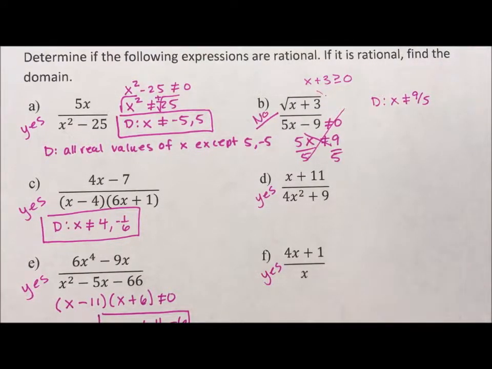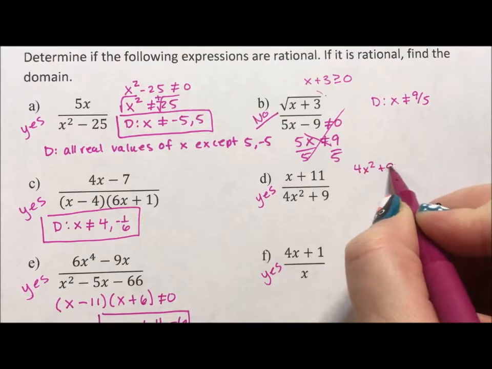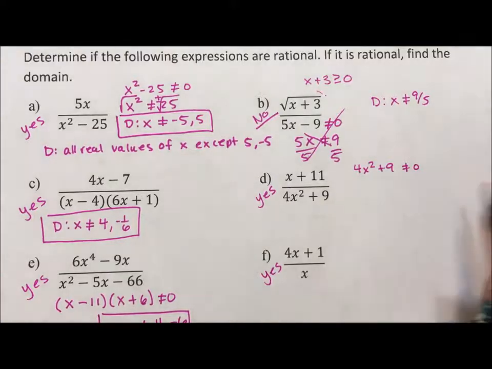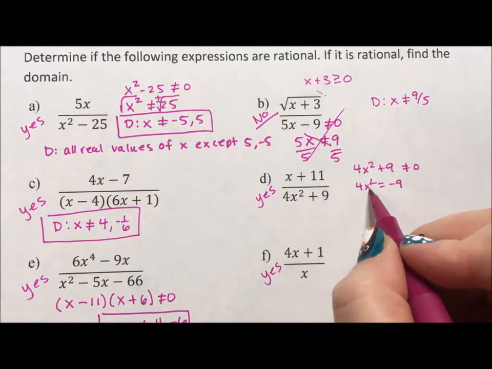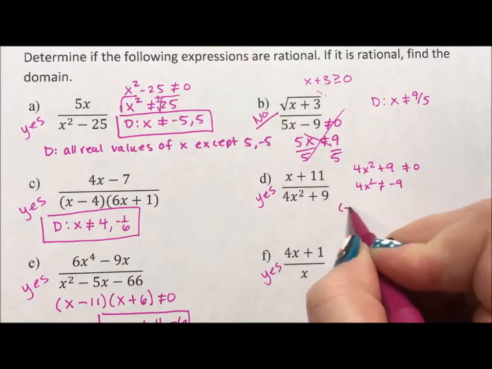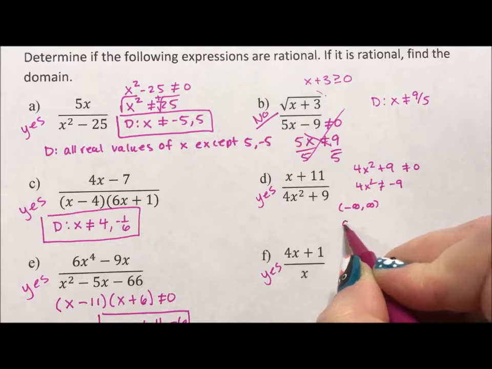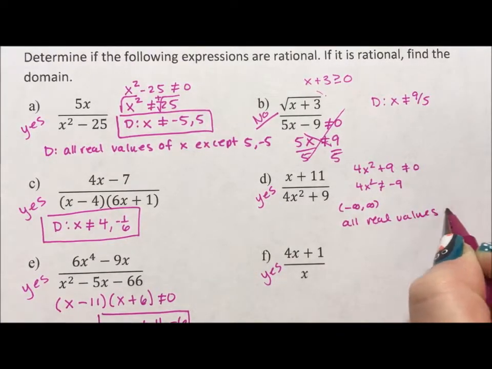For this next one, if I have 4x squared plus 9 cannot equal 0, well, that means 4x squared cannot equal a negative 9, but a positive times a positive is never a negative, which means this is all real. We're all real values of x.